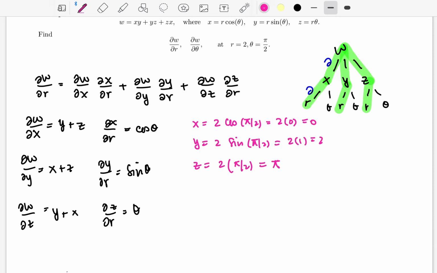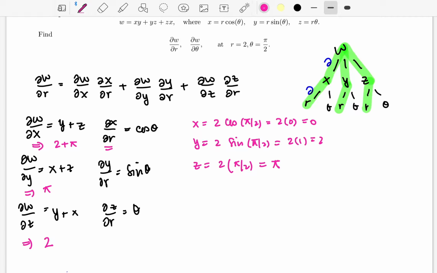Okay. So that means that dw/dx is just equal to y plus z. So I get 2 plus pi, and then dw/dy is x plus z, which is just pi, and dw/dz is y plus x, which is equal to 2.